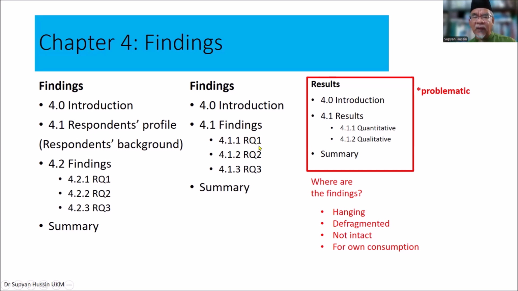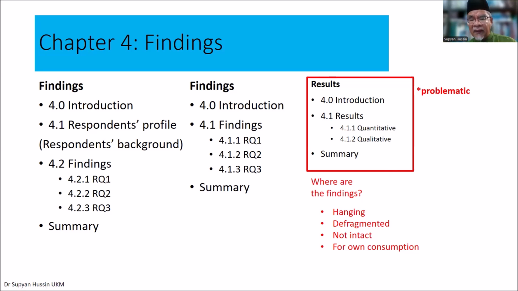So there's another way of putting together the findings from demographics. However, this could be problematic. See, you have the introduction, then you have the results. The results are presented in quantitative format and also qualitative, not referring to any research question. So what happens here is that we don't know where the findings are. The presentation is hanging. We don't know where it is going to.